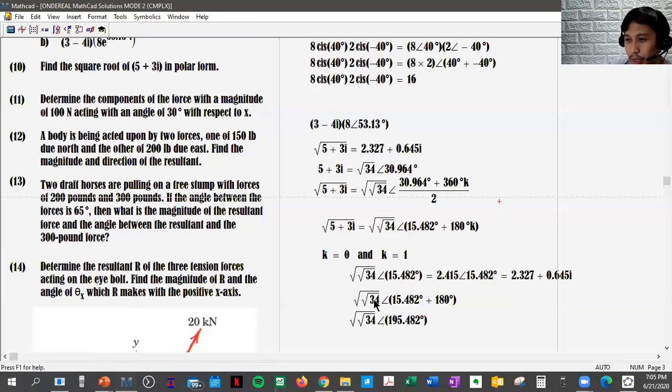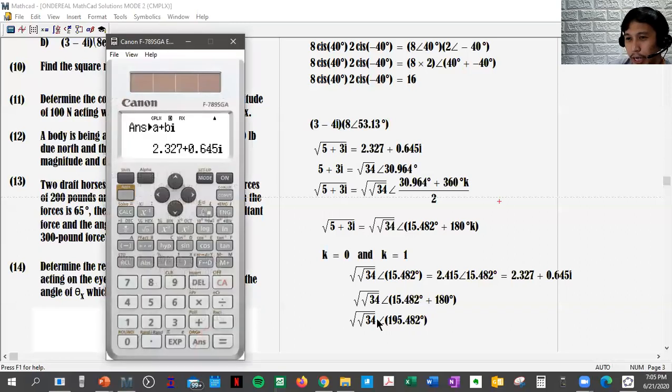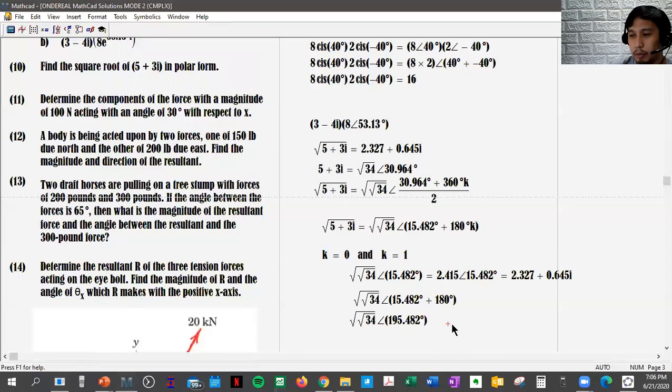But actually, pwede rin ito, no? Evaluating that, again, square root of 34 angle 195.482. So this is 2.415 angle 195.482.